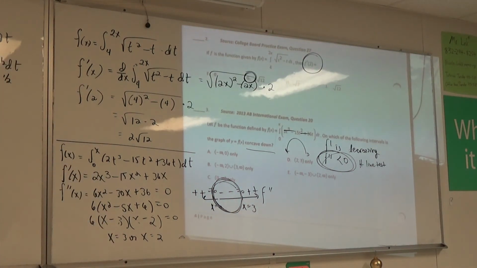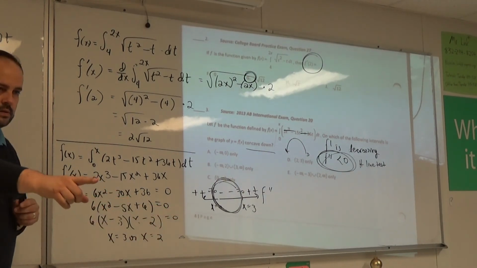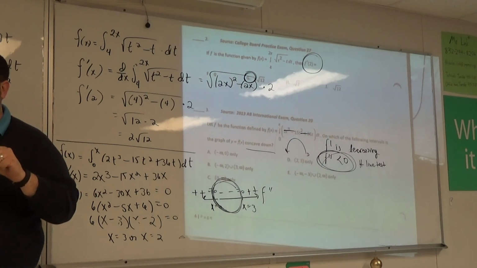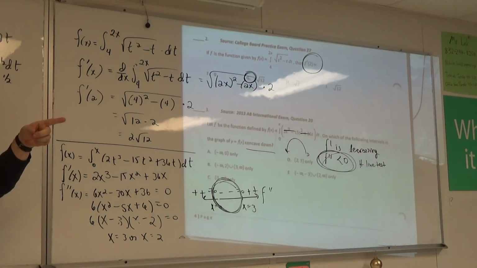Just real quick before I let you guys out of here. How many knew that's what the number line test was going to look like, that it had to go positive, negative, positive? Is it because of the 3? Noemi, you knew it had to go positive, negative, positive. Mariah, how did you know? Marvin, why positive, negative, positive?